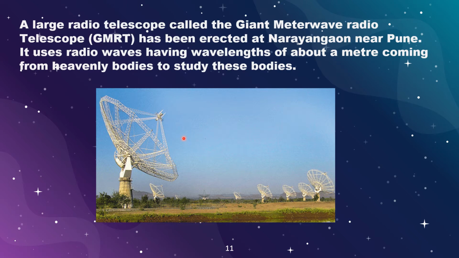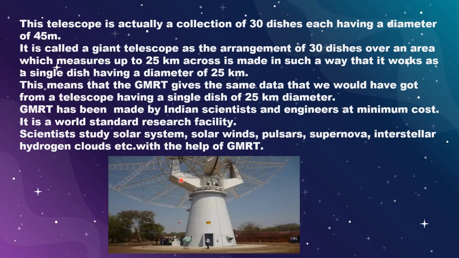The GMRT, which stands for Giant Meter Wave Radio Telescope, is a large radio telescope which is erected at Narayangaon in the Junnar Taluka of Pune district. It uses radio waves having wavelength of about a meter which come from the heavenly bodies. This telescope is actually a collection of 30 dishes, each having a diameter of 45 meters. So it is a giant telescope as an arrangement of about 30 dishes, that is 30 antennas, which are positioned in a Y fashion over an area of about 25 kilometers across.